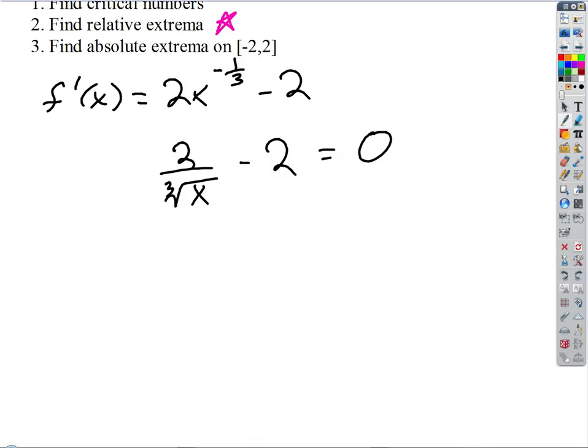How about if we add the 2 to the other side? And really, that's the same thing as 2 over 1, isn't it? Now, it's a little bit inconvenient that x is on the bottom, but how do we typically solve ratio equations?